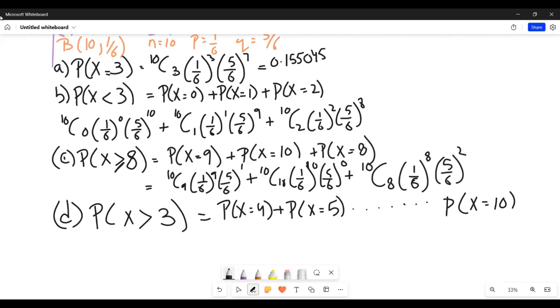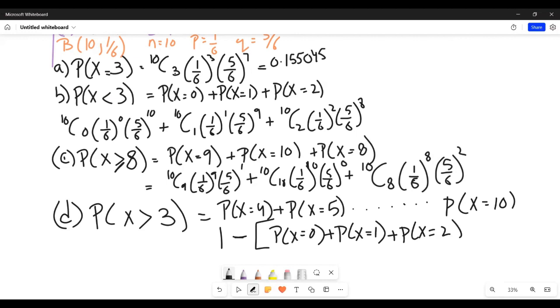This is going to be very lengthy and it is not recommended. Instead, you're going to do 1 minus probability x equals 0 plus probability x equals 1 plus probability x equals 2 plus probability x equals 3. You're going to add 3 to it because it says greater than 3.